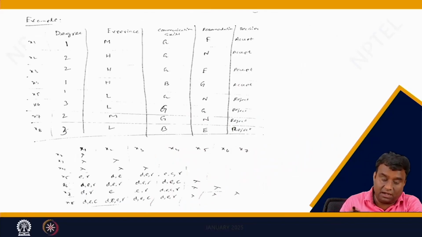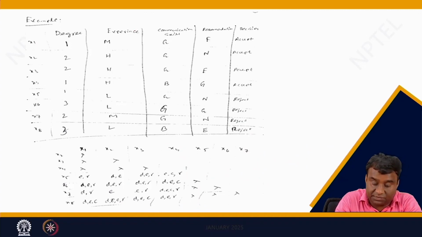Now this is another example. Here some attributes are degree, experience, communication skill, recommendation, and this is the decision. Objects are x1, x2, x3, x4, x5, x6, x7, x8. For x1, degree is 1, experience M, communication skill is Z, recommendation is E, this is accept. For x2, degree is 2, experience is H, communication skill is G, recommendation is N, accept.